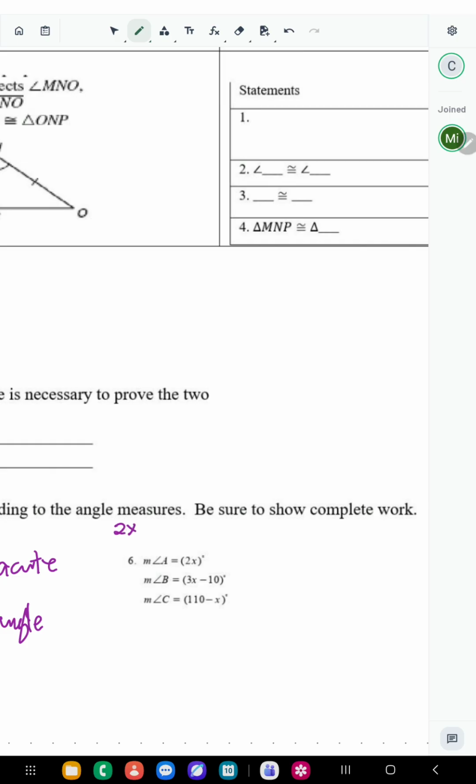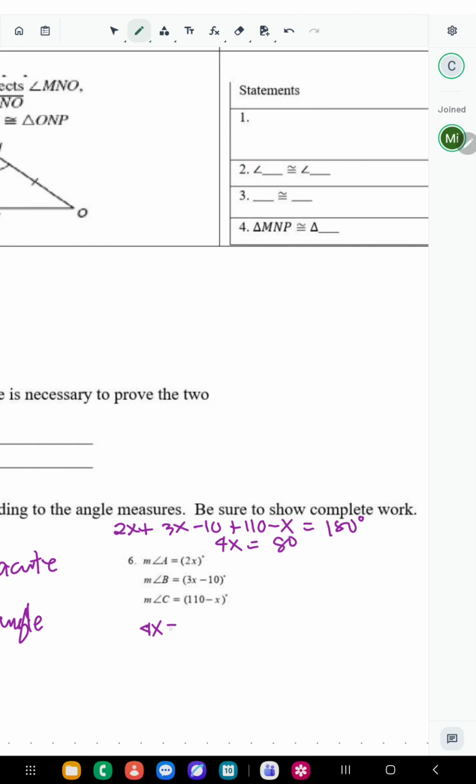This is 2x plus 3x minus 10 plus 110 minus x equals 180. Let me make sure I wrote the correct values. 2x plus 3x is 5x, minus x is 4x. 180 minus 110, then plus 10, is 80.